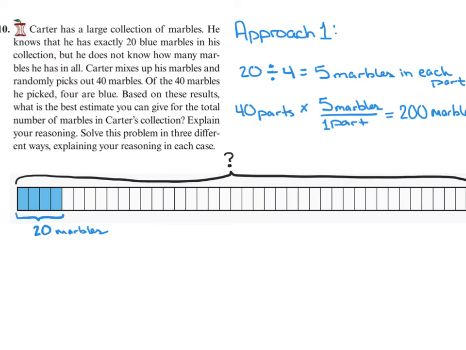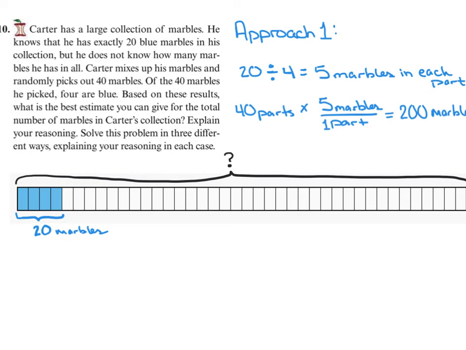My first approach again was to create a strip with 40 spots, and I know that 4 of the 40 were considered to be blue. If I use this ratio and look at it for the whole strip, the blue groups represent 20 marbles.